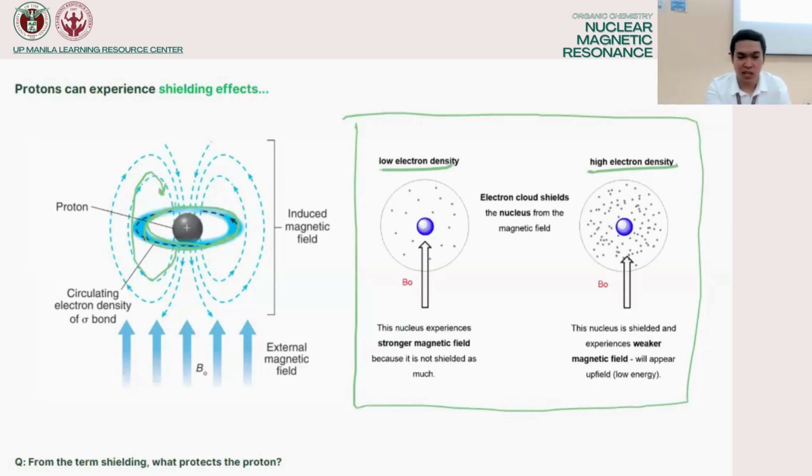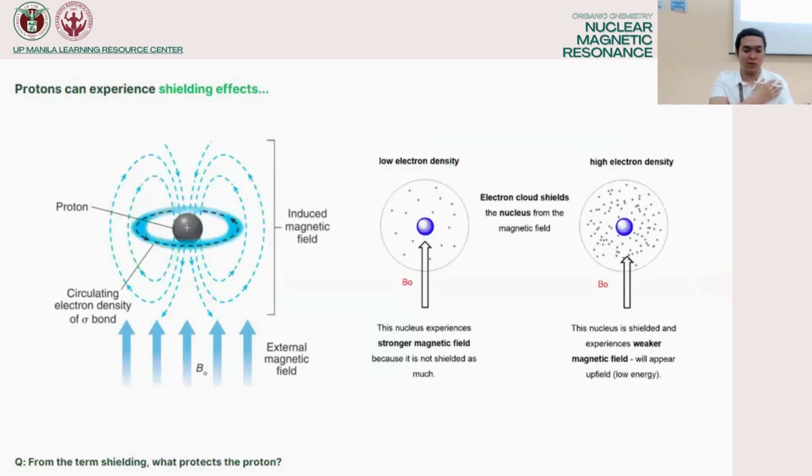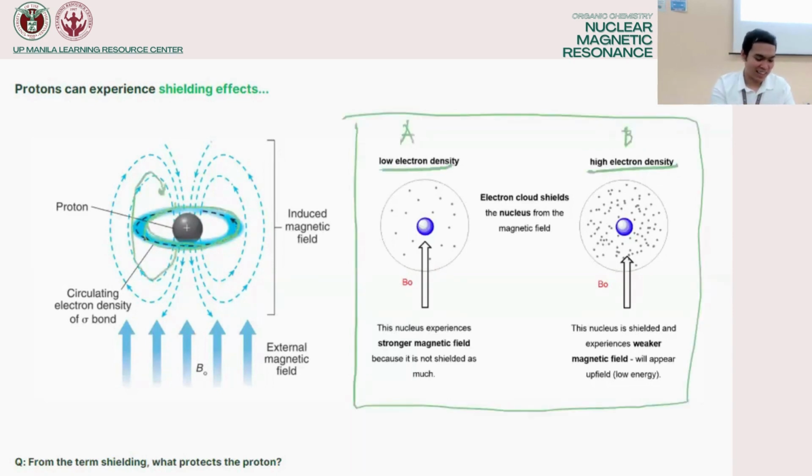Sinong mas maraming shield dyan? Is it B or A? Or parehas lang sila? May nagsagot sa ating chat. Oh, correct. B. Bakit? High electron density, meaning, mas maproprotect siya from your magnetic field. That's why the term shielding.